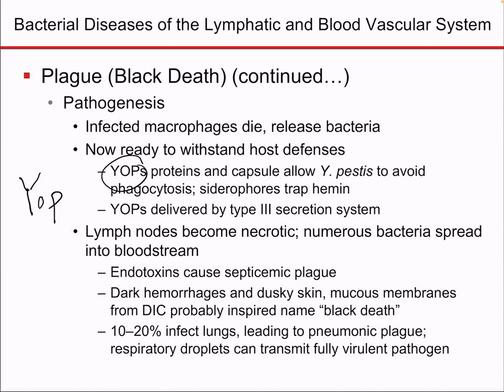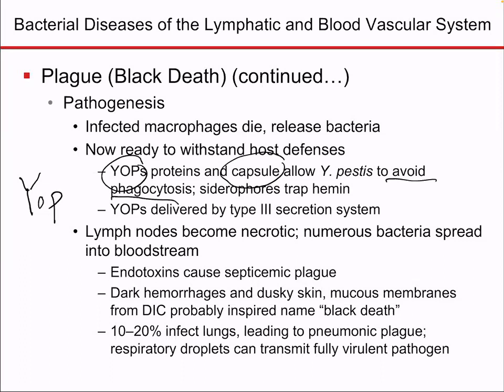These are proteins that the bacterium produces, and these proteins are injected into the cytoplasm of host cells. And then the injected YOPs help to limit phagocytosis. And in addition to that, the bacterium also produces a capsule that further helps on preventing phagocytosis. Those are important virulence factors.